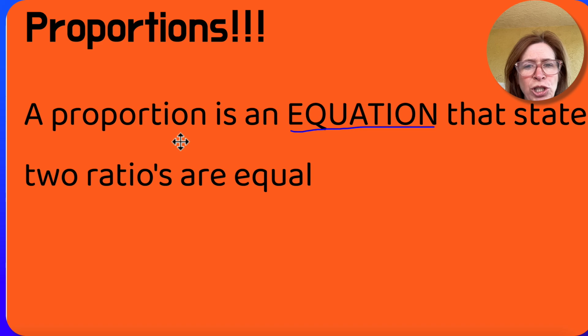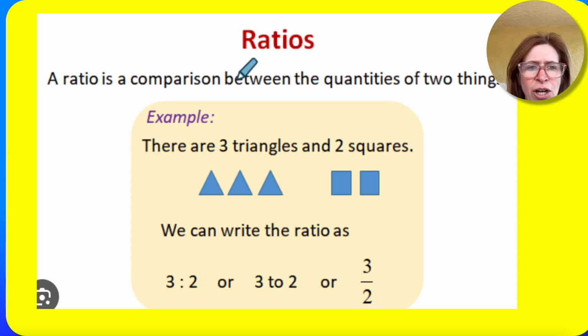All right, so a proportion is an equation that states two ratios are equal. I do want to remind you about a ratio. So let's look at ratios. A ratio is really just a comparison between two things. Here's an example. You have three triangles and two squares. We can write that as a ratio.